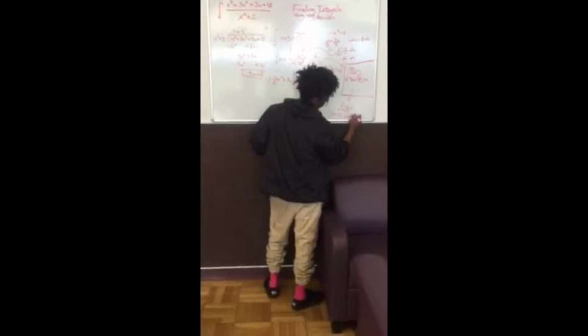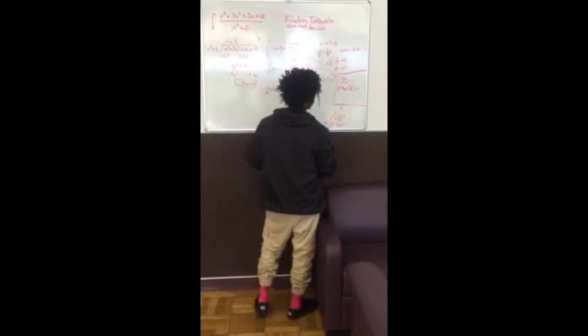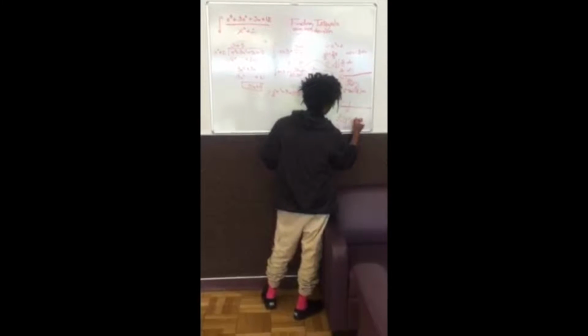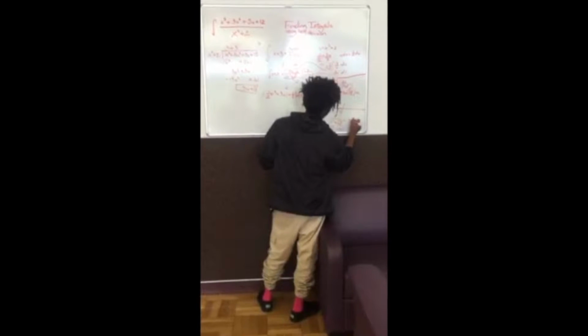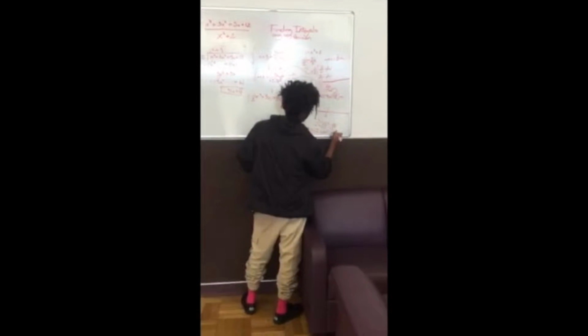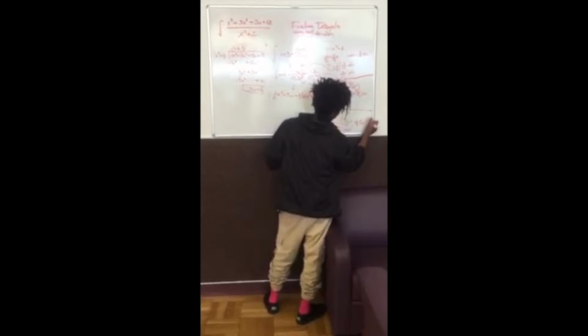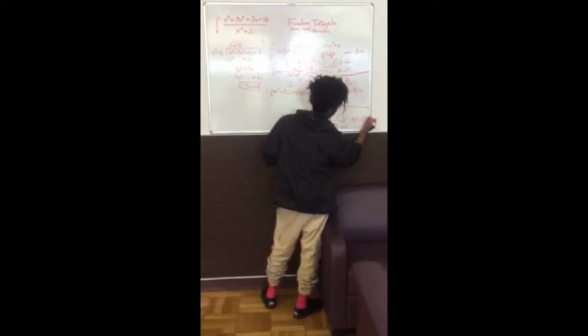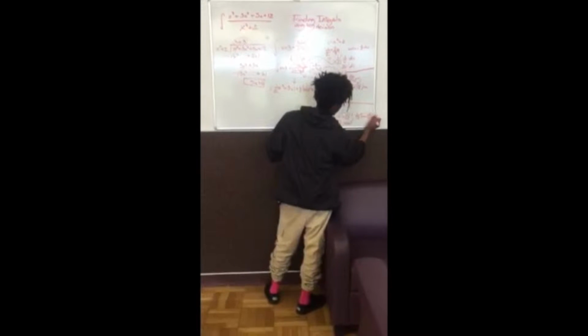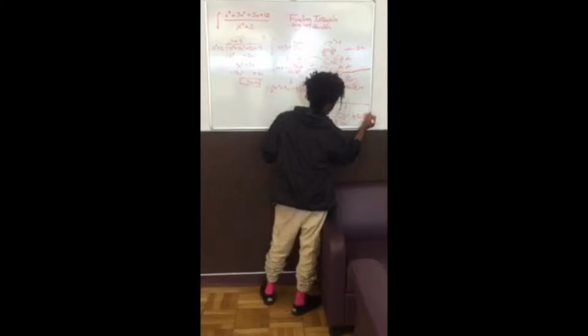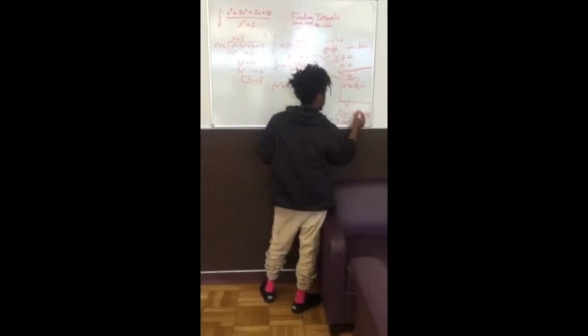So 2 is pretty much the same as the square root of 2 squared. So you could just change it to that and make your a square root of 2. And you just plug in u and a to the common integral, and that would give you the last part for the integral.